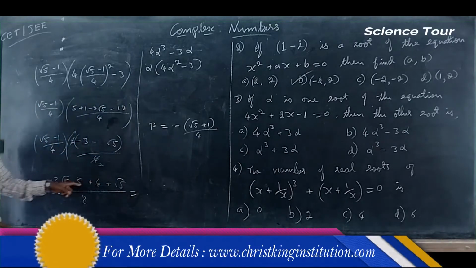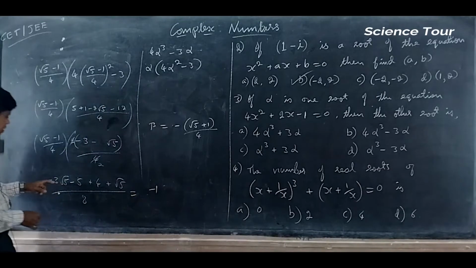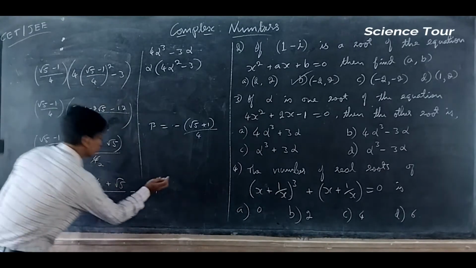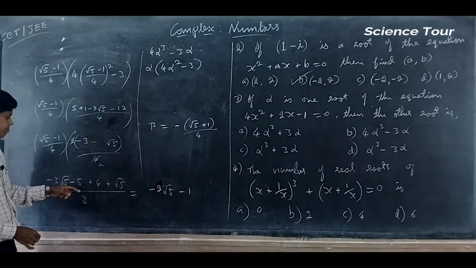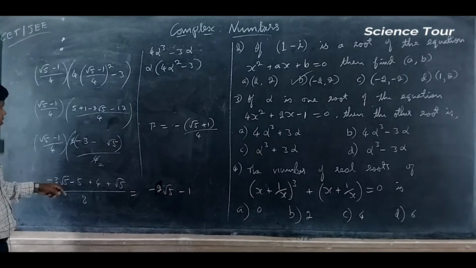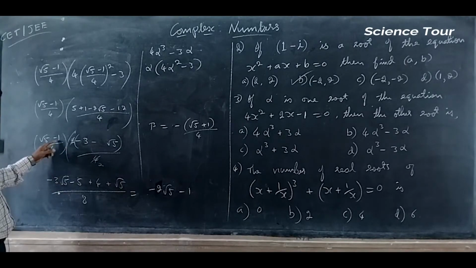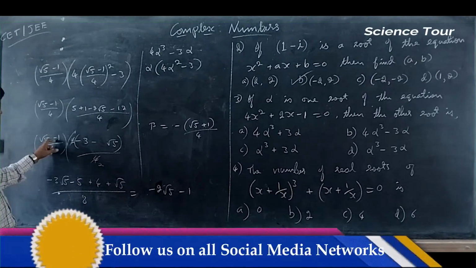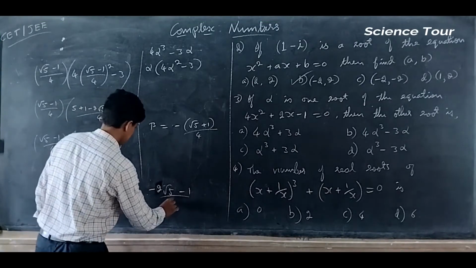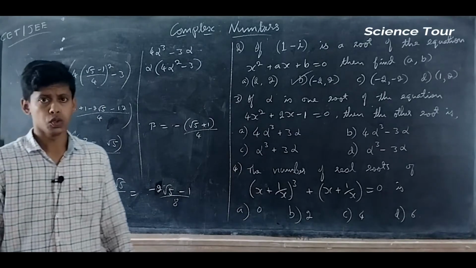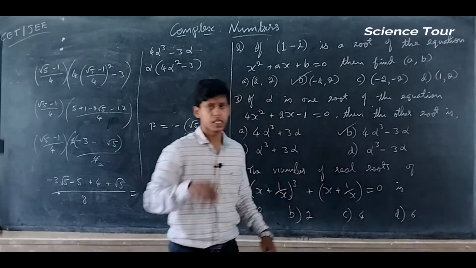So that's minus 1 minus 2 root 5, divided by 8, and there you go, you get that option. Therefore option B is the right choice for us.